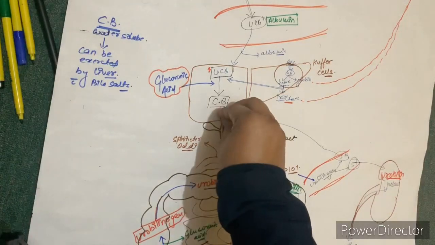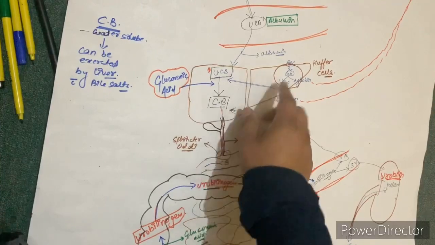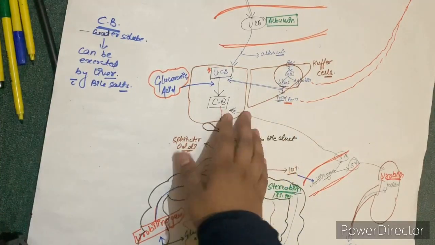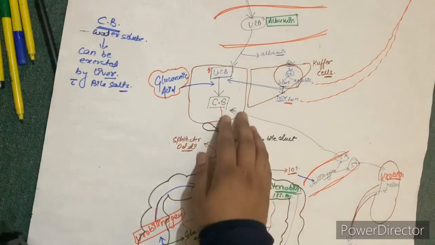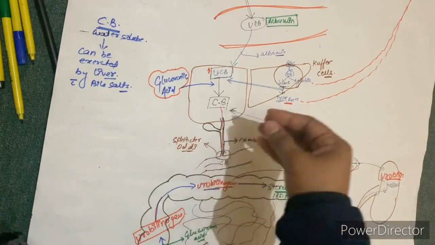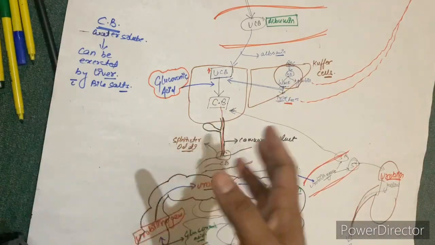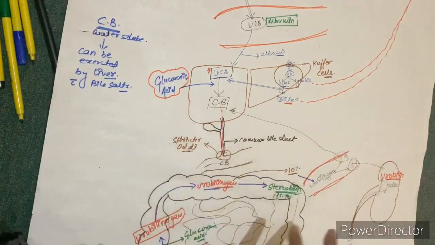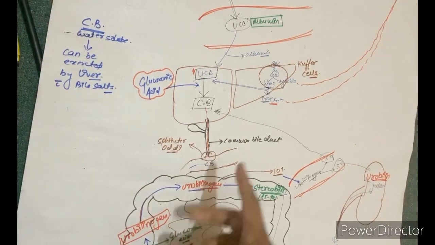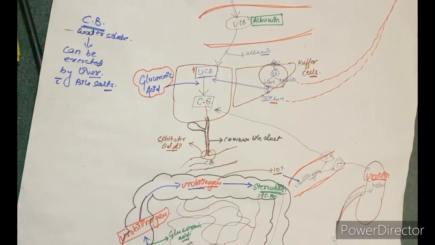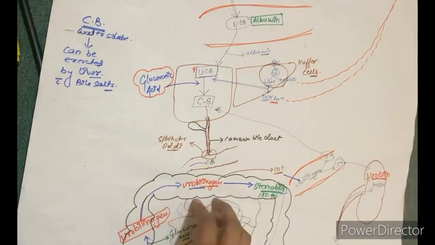If there is liver cirrhosis, or damaged liver cells that don't work efficiently, or a tumor in the liver, or any other liver diseases, or hepatitis, these are all causes of this jaundice. So these are hepatocellular.